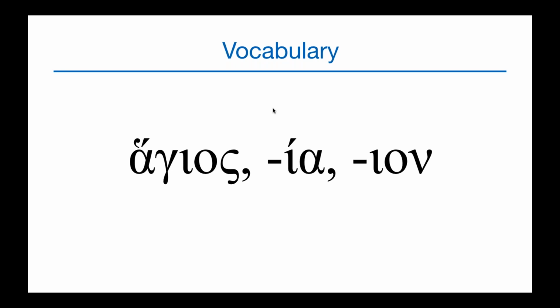Anybody know what happens if this word is used in the plural? Saints. Yeah. If you use this word in the plural, it's the word for saints. So in the singular and as an adjective, it means holy. And if you use it in the plural, it's used as a collective term for saints.